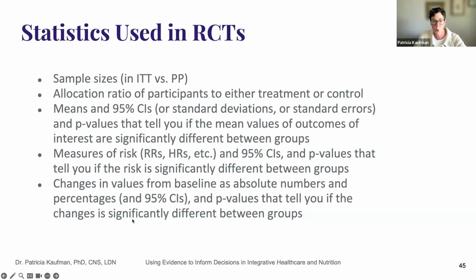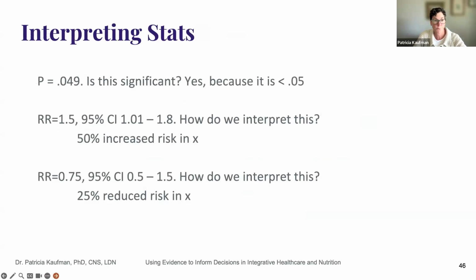And again, the p-value only tells us if the results are significant. What that means, like say the p-value is 0.05, is that there's 95% certainty that the change did not happen by chance. So there's a 5% chance that the change happened randomly, like wasn't the effect of the intervention.